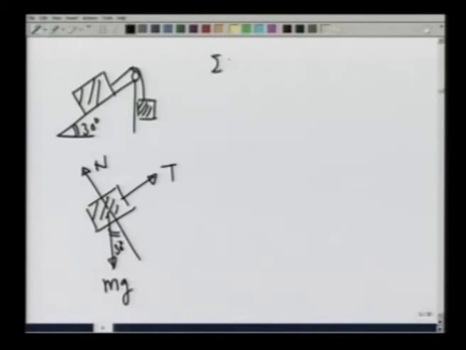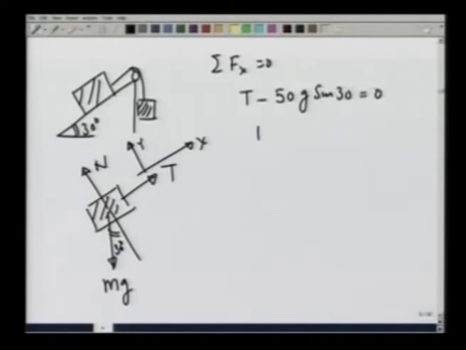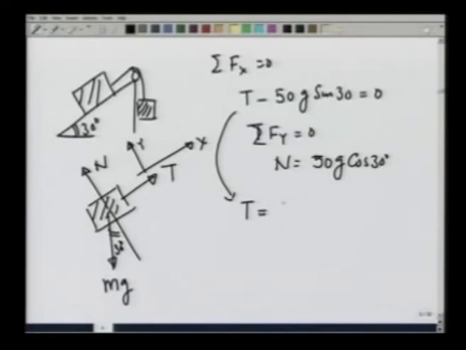So, summation Fx equal to 0, if I take this to be the x axis and this to be the y axis, gives me T minus 50 g sine of 30 equal to 0, and summation Fy equal to 0 gives me N equals 50 g cosine of 30 degrees. This gives me that the tension T should be equal to 50 g sine of 30 degrees.